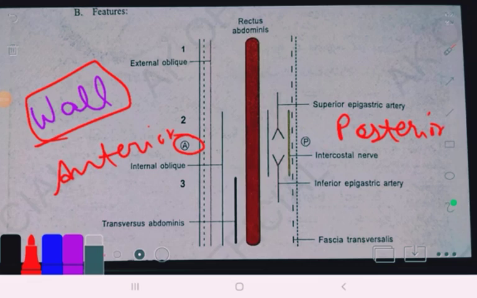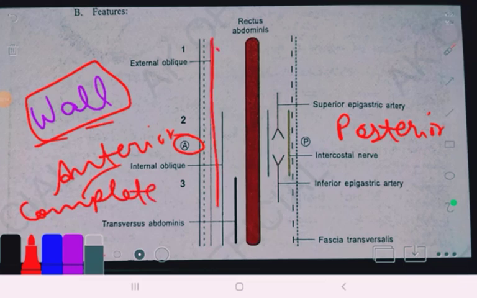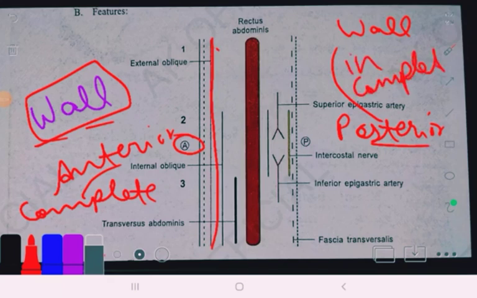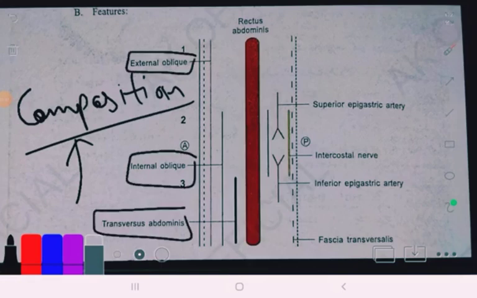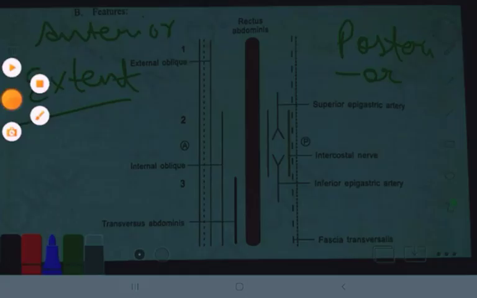The anterior wall is completely covered, and the posterior wall is deficient, incomplete, above the costal margin and below the arcuate line. Now the composition: anteriorly there is a variable composition and a uniform composition in the posterior wall.